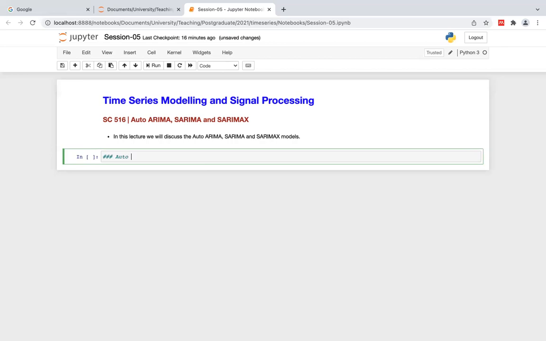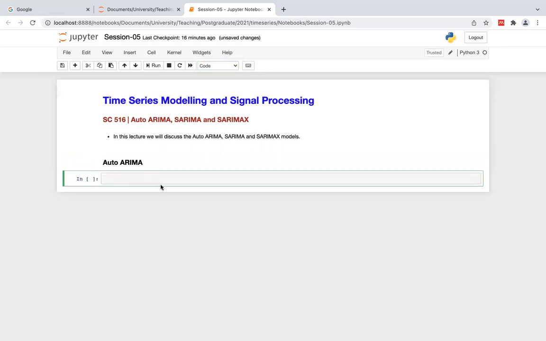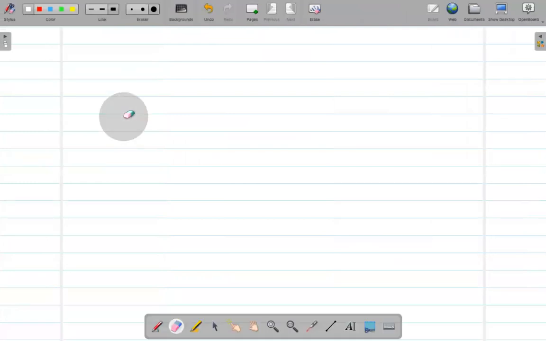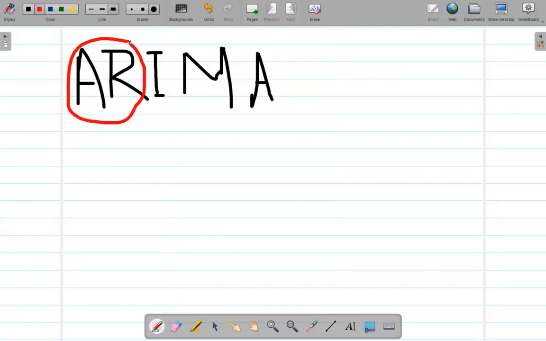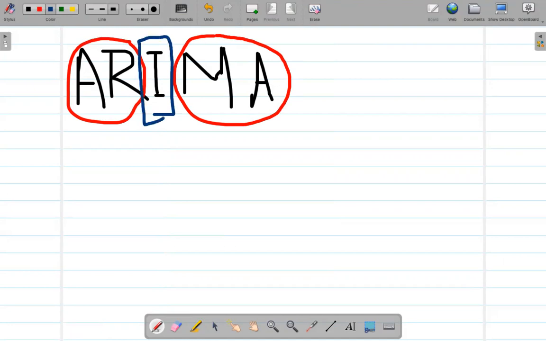You all have the idea about what the ARIMA model is, right? In the ARIMA model we have basically three components. The first part is the autoregressive part, then the moving average part, then we have I.